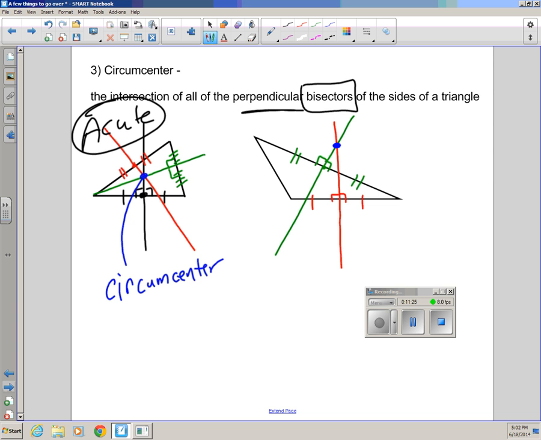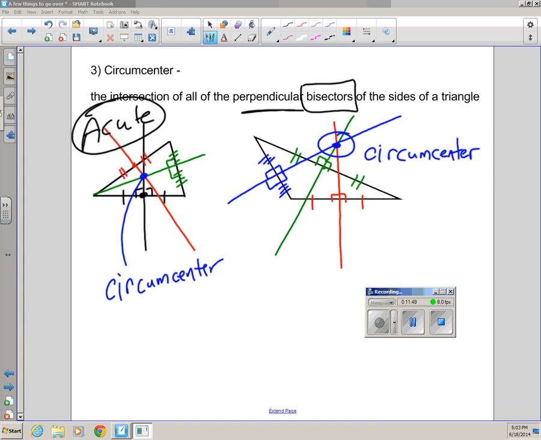If I draw a perpendicular bisector from this third side, it goes right through again. Here are my right angles and here is my bisector. And they actually meet outside the triangle. So my circumcenter here is outside the triangle.